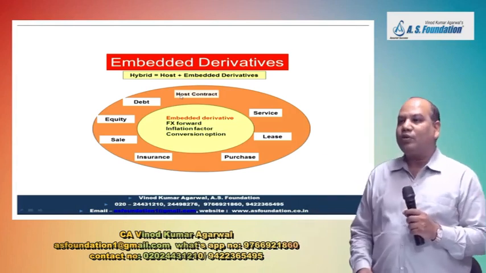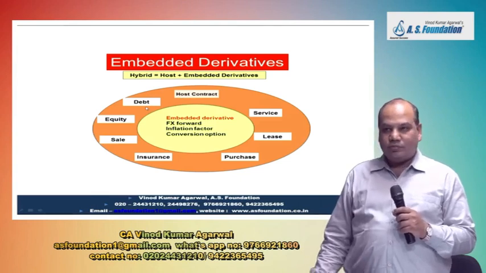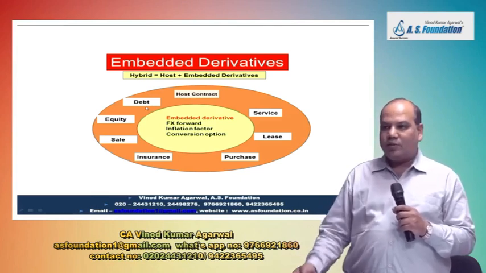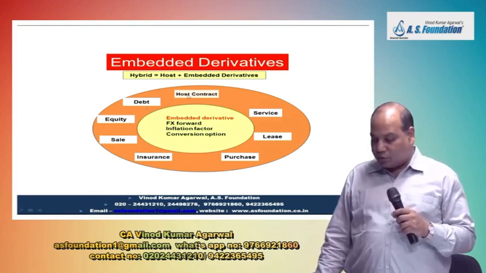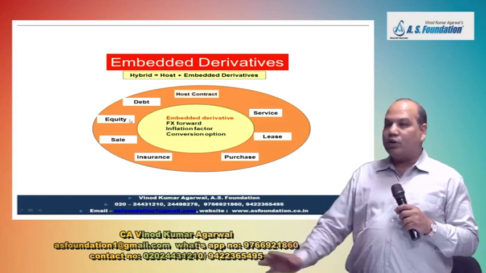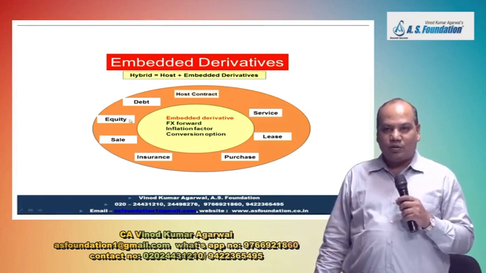So what can be the host contract? The host contract can be a debt instrument, which is common like convertible debenture, convertible bond, loan convertible into equity. But the host contract can be other contracts also. Like host contract can be equity instrument.